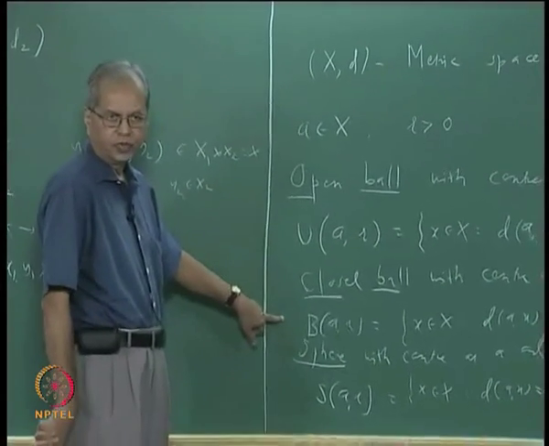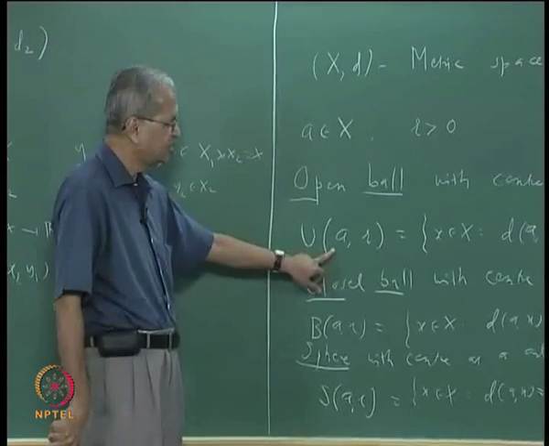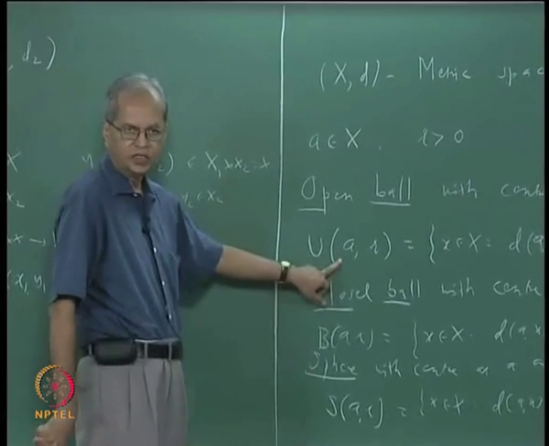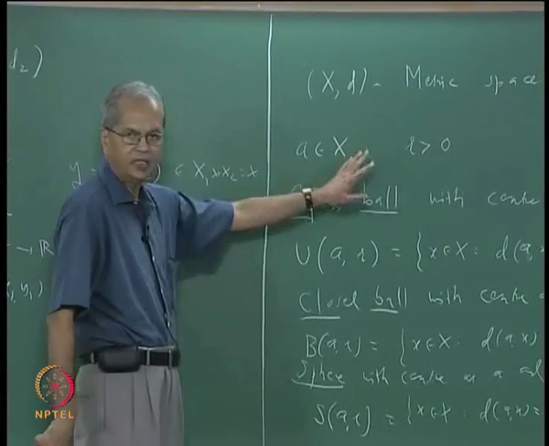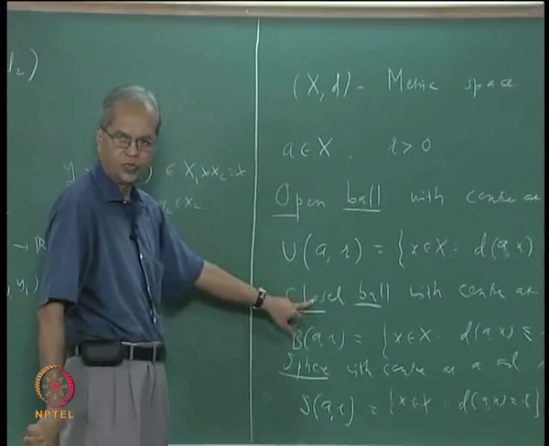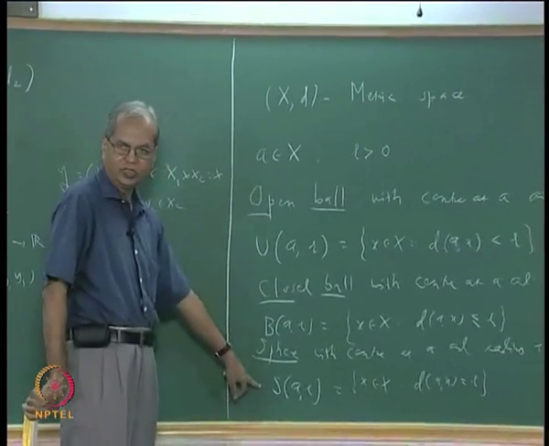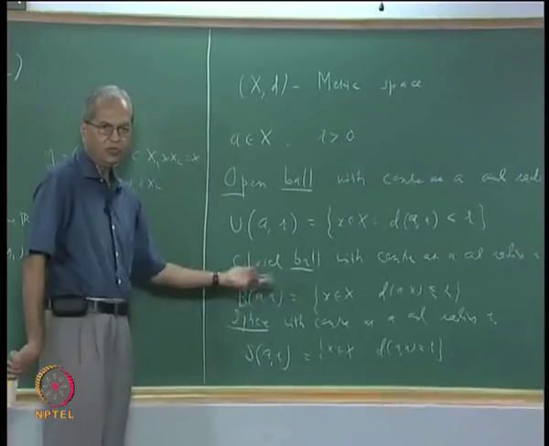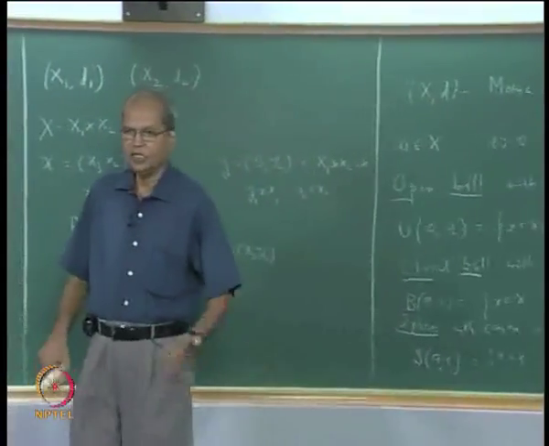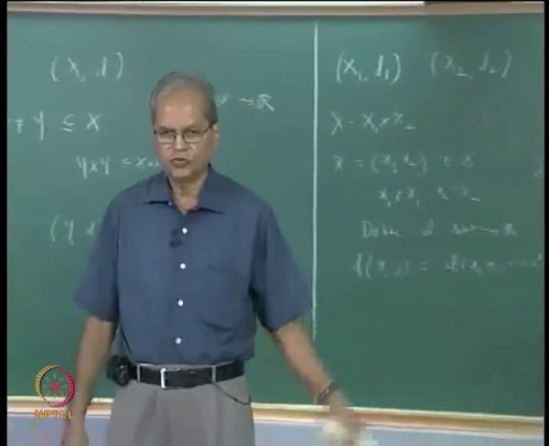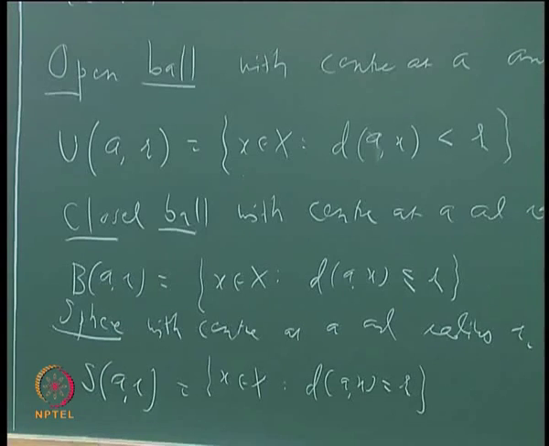Okay, right, because A certainly belongs to this. Because we have taken R bigger than 0, it belongs to here also, but you cannot say anything about this. Okay, because there may not be any point at a distance exactly equal to R from A, so a sphere can be empty also. Okay. Sphere can be empty also, but open and closed balls will always be non-empty.